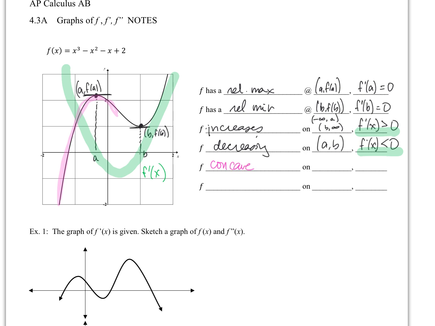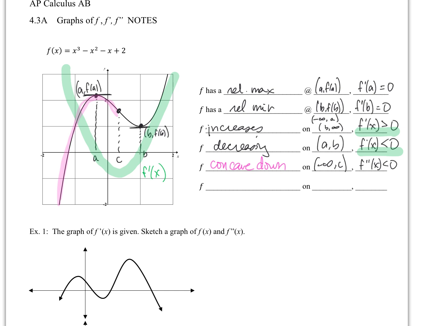Concave down. And I'm going to call this point right here, where it stops being concave down, C. Okay, the letter C. So that I can say that from negative infinity all the way to C, we are concave down. And the reason is that the second derivative is less than 0.